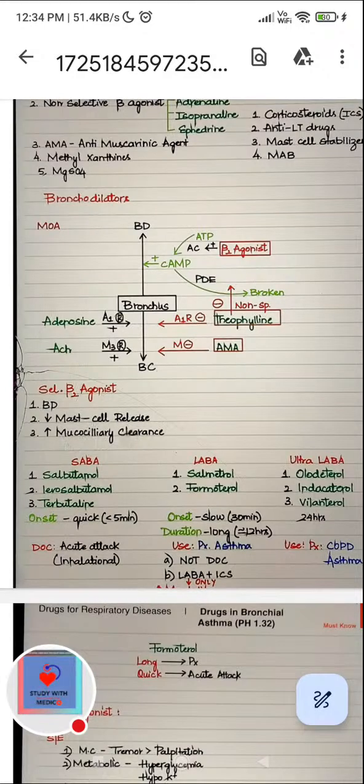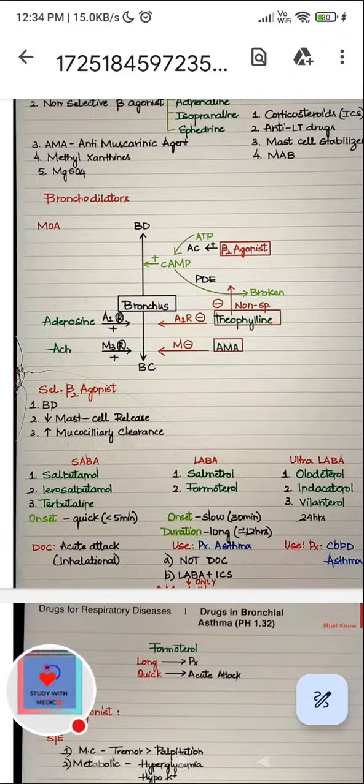So try to remember. How to remember? I'll give the trick. Bronchodilators, you have sympathomimetics. Sympathomimetics means they work like sympathetic nerves, they release adrenaline. Similarly they act. So they are beta 2 adrenergic agonists, because beta 2 is for lungs, beta 1 for heart.